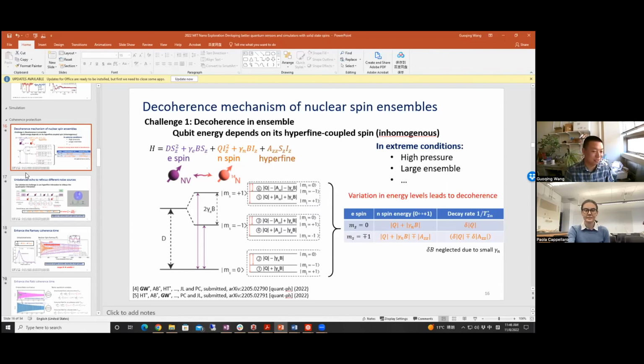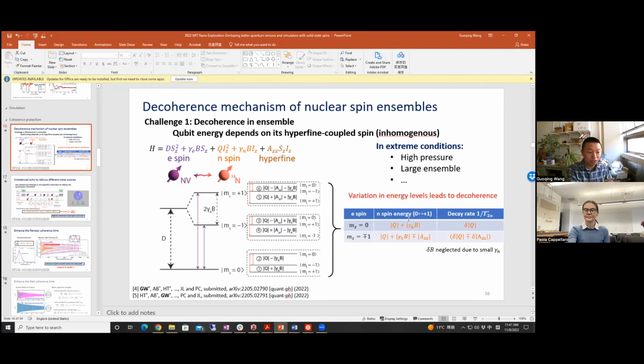Oh, yes. So this basic principle can be understood like this: you can assume you have a large number of qubits, a large number of spins in an ensemble sample, and in different locations you have different energy splitting. So your total signal will be the sum over all of these different frequency oscillations.